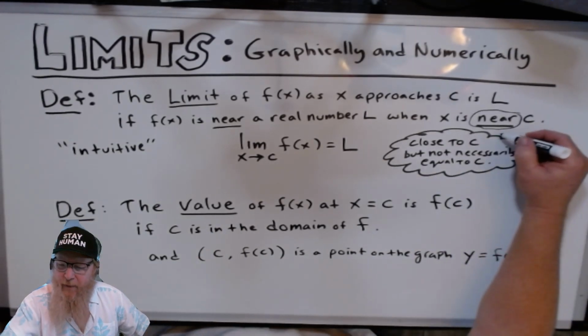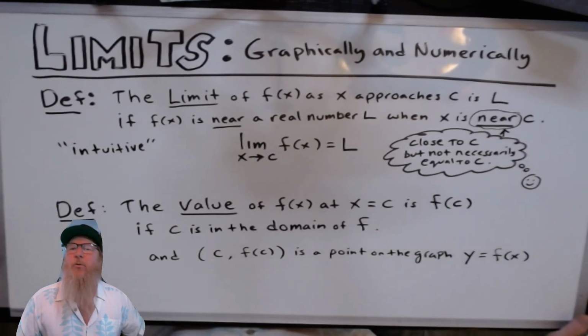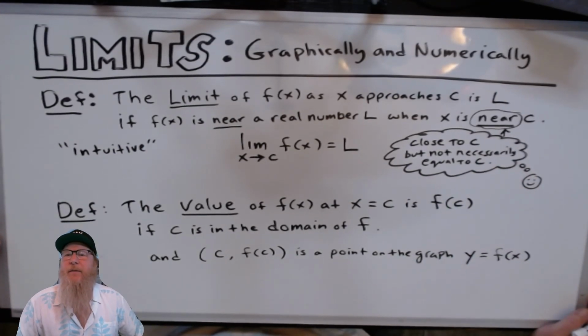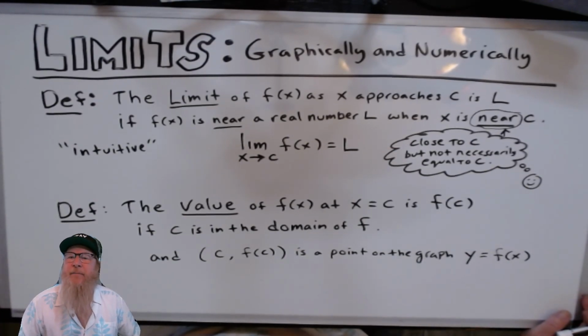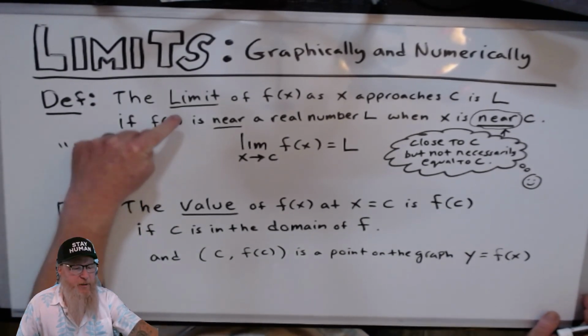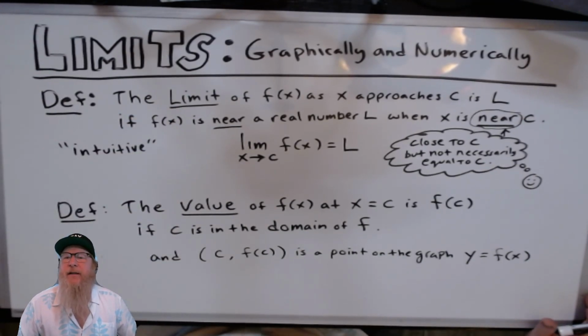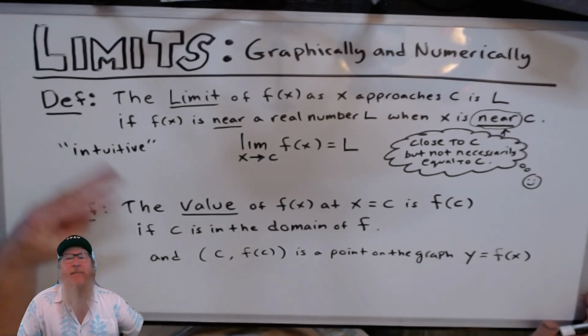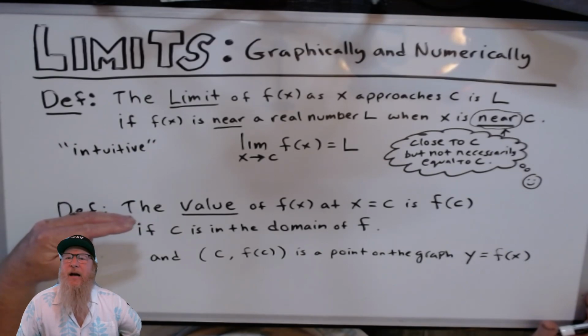All right, so that's what we mean when we say near. Close to c, but not necessarily equal to c. Okay, so that's the definition of a limit. We'll do quite a few examples today. Then I also want to distinguish between what a limit is versus what the value of a function is. They sometimes are the same, and we'll see that in today's lesson, but they sometimes are different.